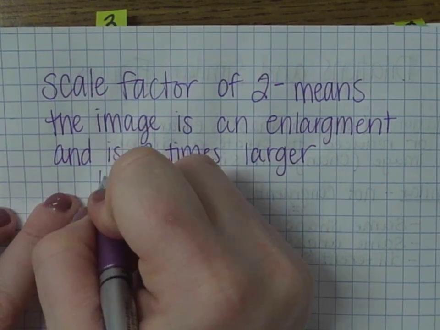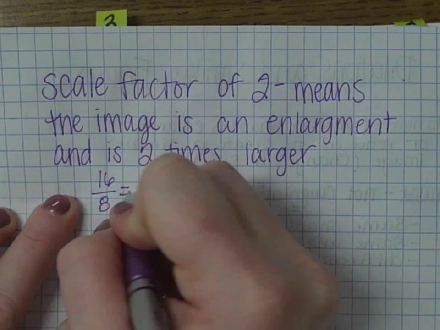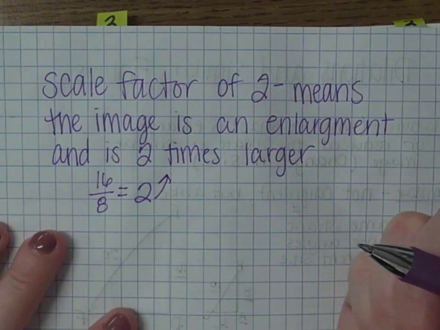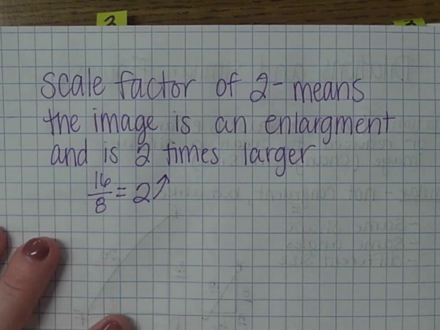So we took 16 and divided by 8. It gave me 2, which means that's how much it multiplied by. So that's why it had a scale factor of 2.